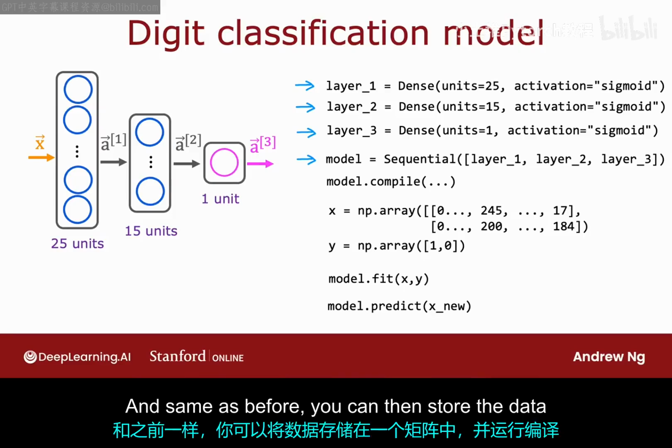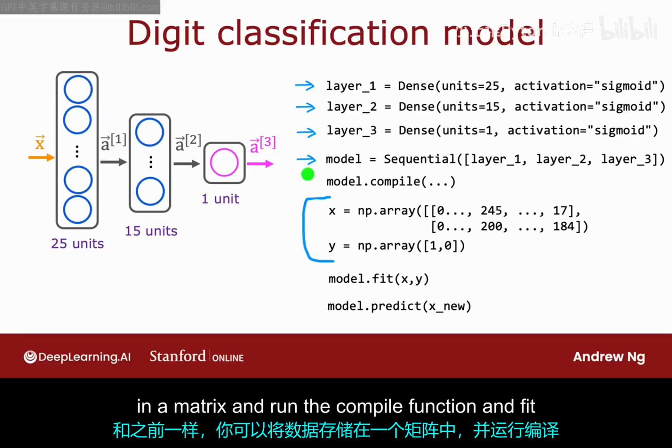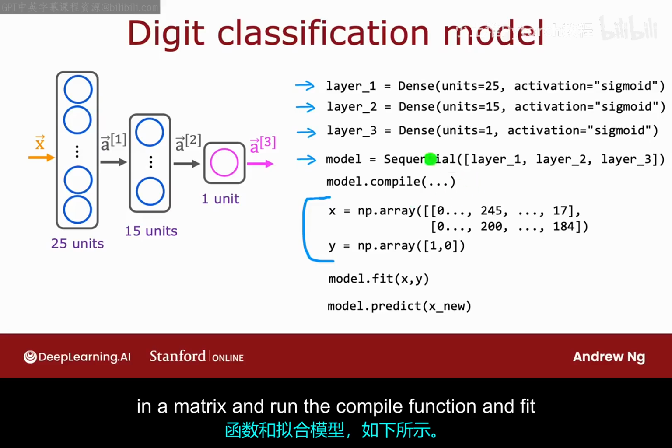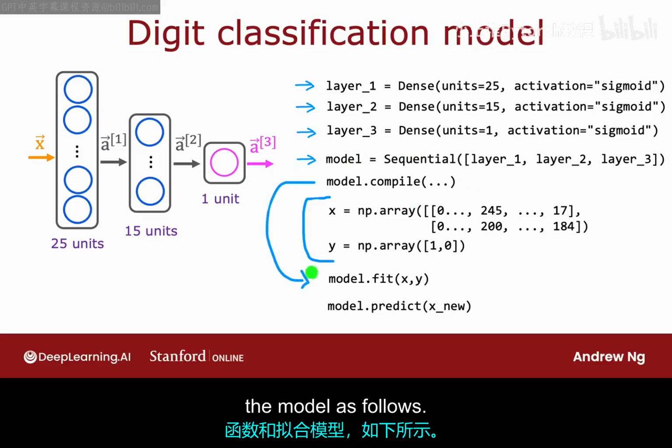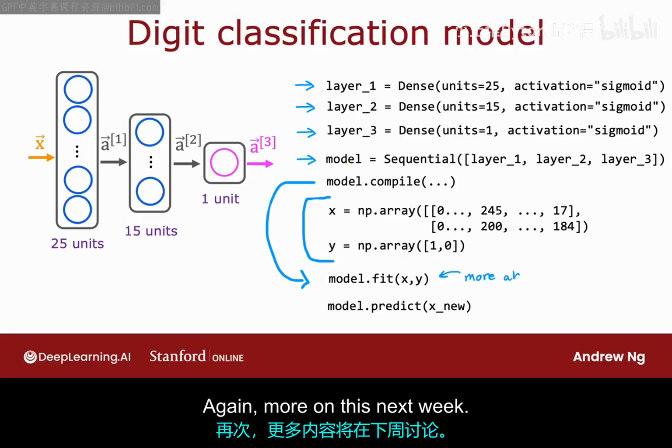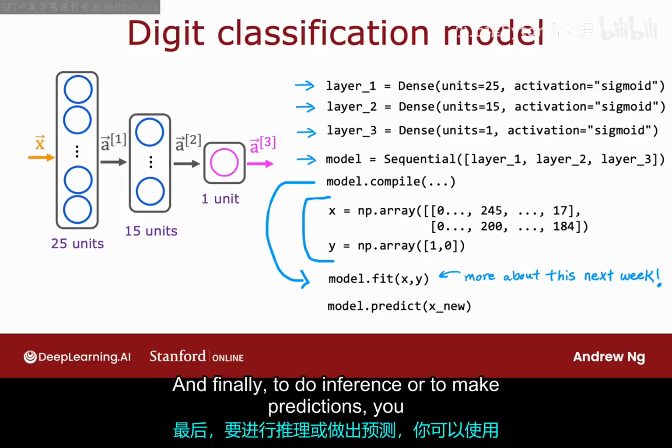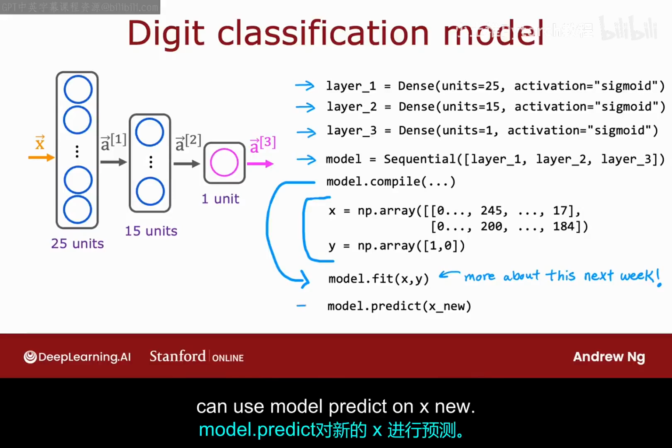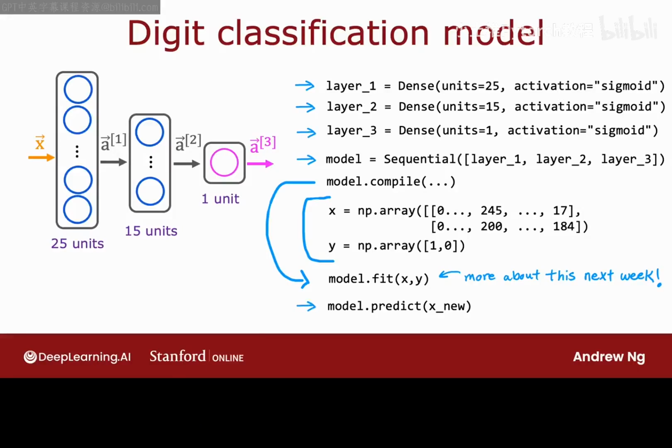And same as before, you can then store the data in a matrix and run the compile function and fit the model as follows. Again, more on this next week. And finally, to do inference or to make predictions, you can use model predict on X new.